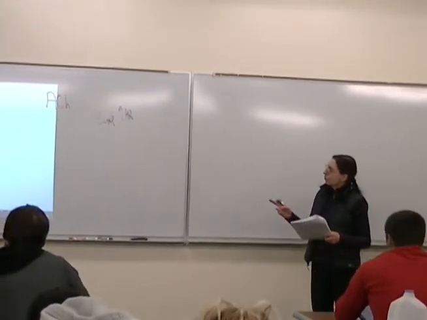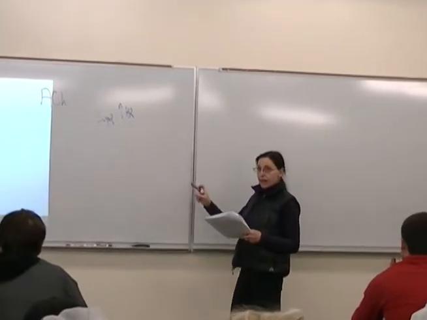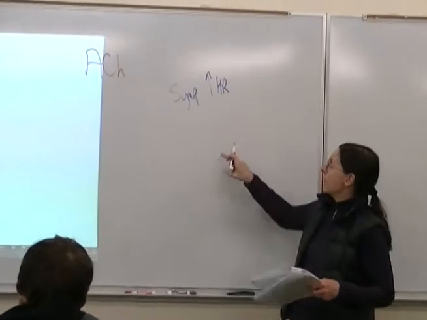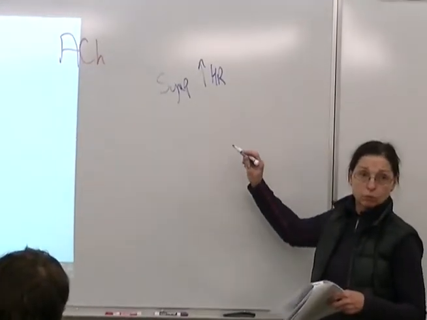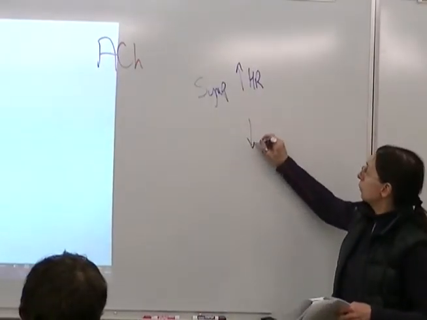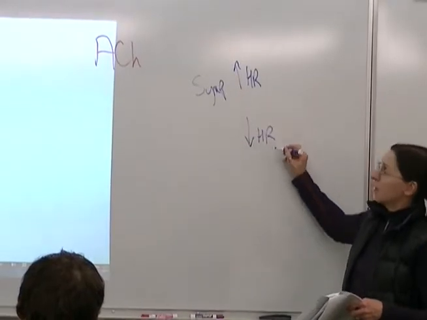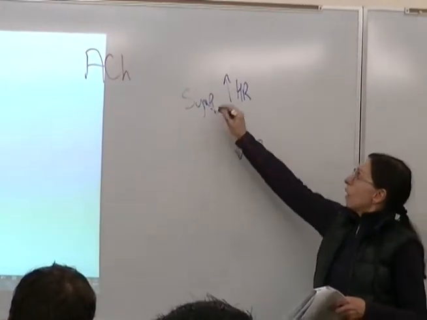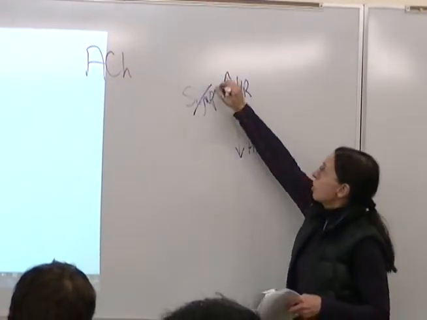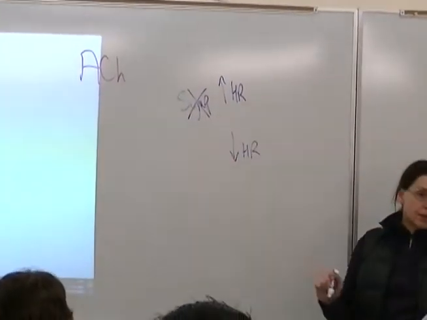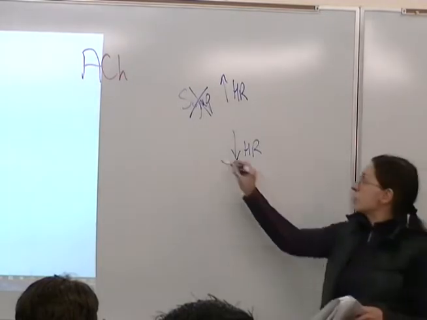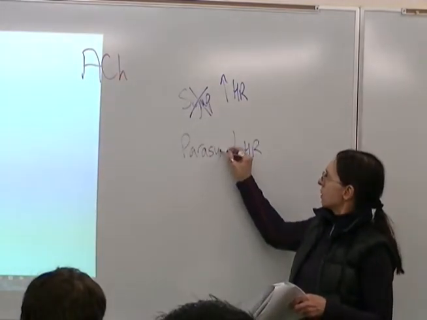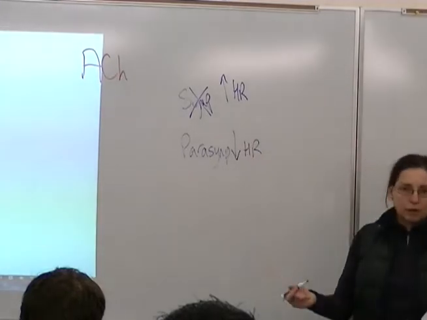So, at the end of the exercise, we have to bring our heart rate back down. We want to bring heart rate back to its resting level. So I have to not just turn off the sympathetic signal, I have to turn on the parasympathetic signal to bring the heart rate back down.